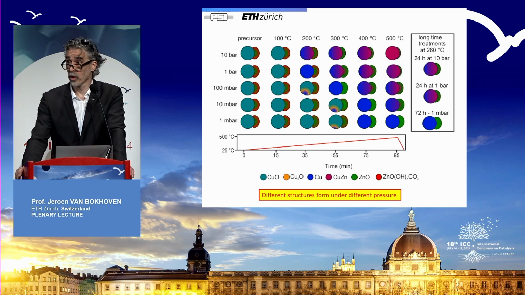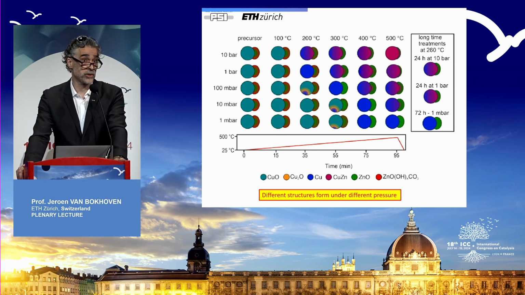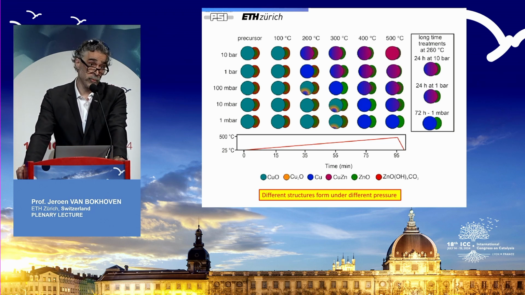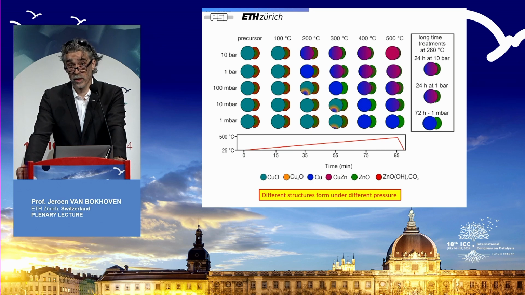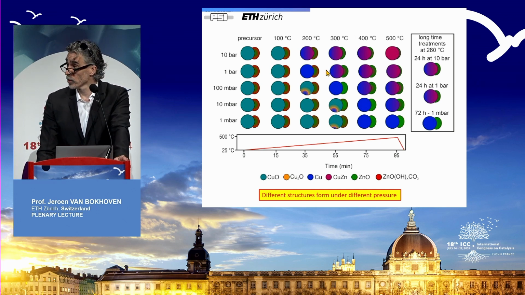Now, if I make a plot where I plot the different structures in different colors, we get what we call the rainbow plot. You can see that as a function of temperature and pressure, we have very different structures. So if you want to have a good representation of a copper zinc oxide system and you're interested in a model system, of course the question is, what's the model that you choose?